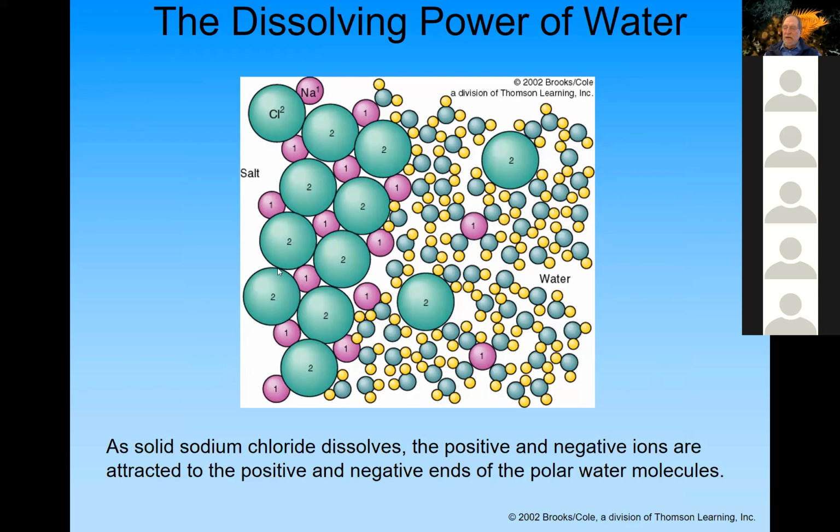Sodium chloride in solid form is present as a crystal, and the sodium and the chloride atoms are bonded together. When salt dissolves in water, the same abundance of sodium and chloride atoms are present in the same proportions, but they're no longer bonded together.